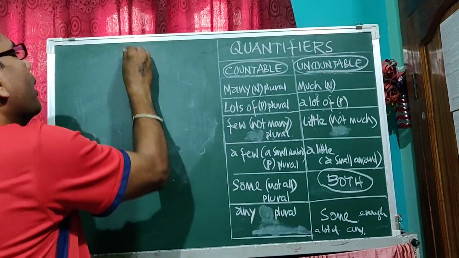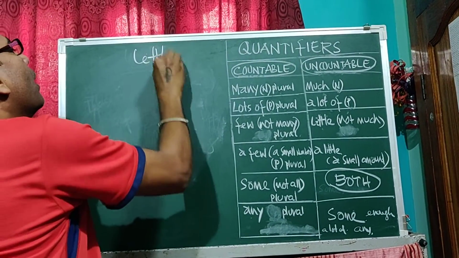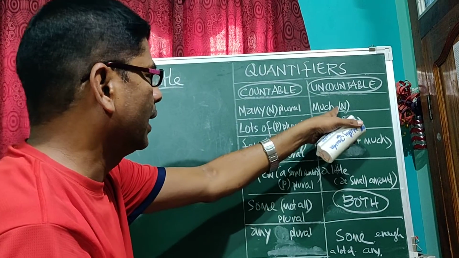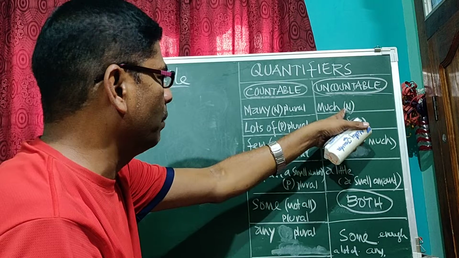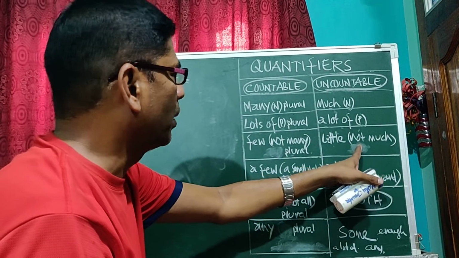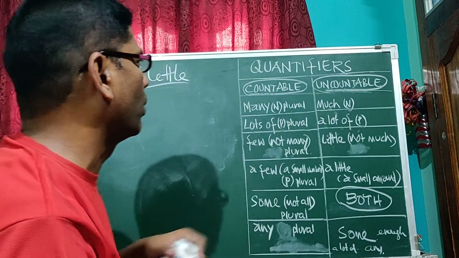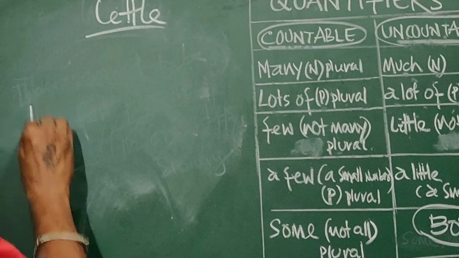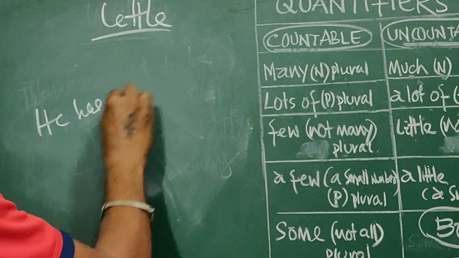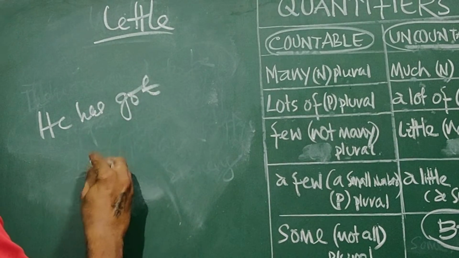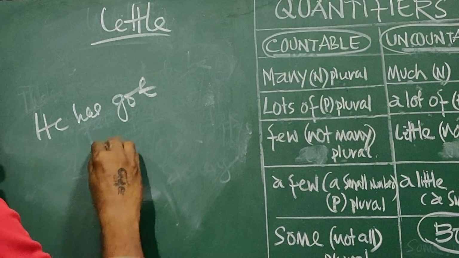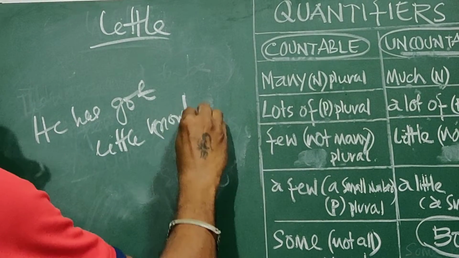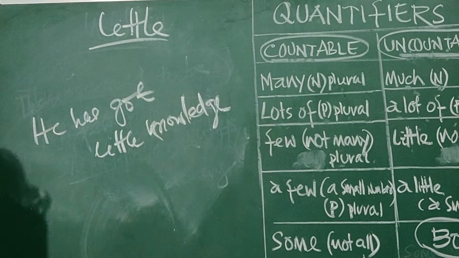Little. The meaning of little is not much. It is the opposite of the word much. Little, not much. It can be used for uncountable nouns. For example, he has got little knowledge.